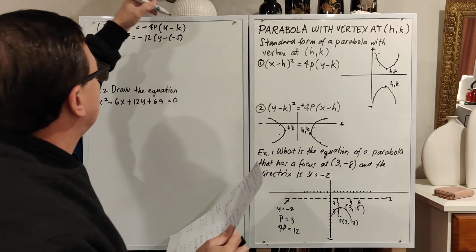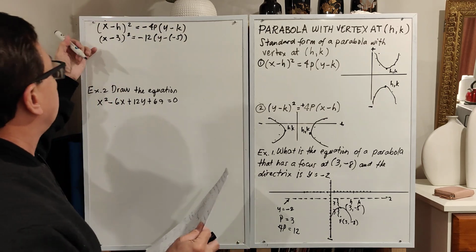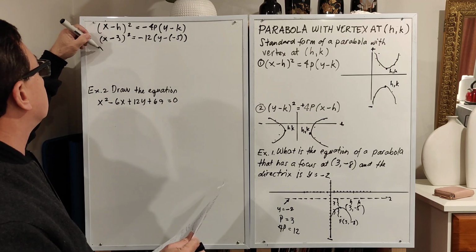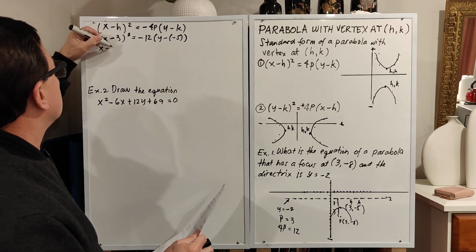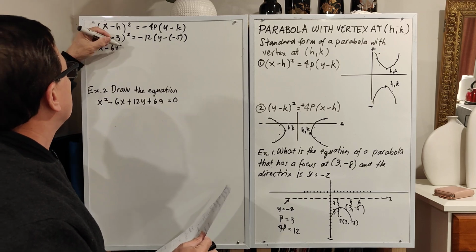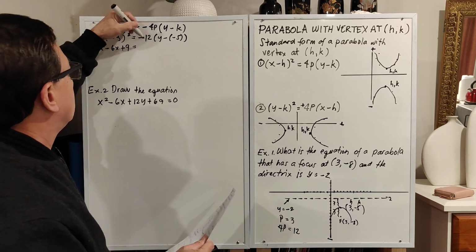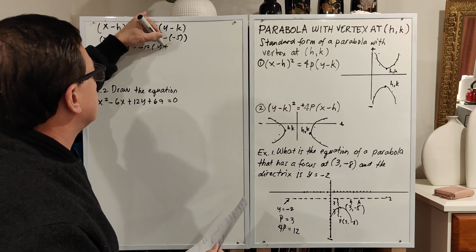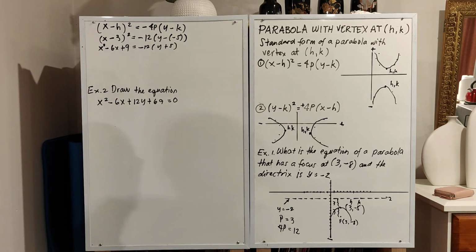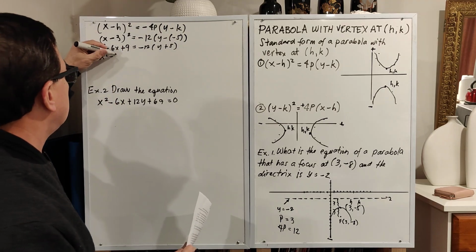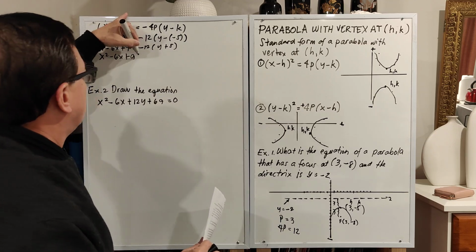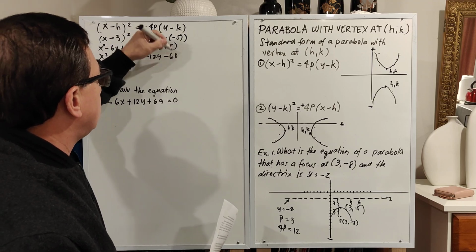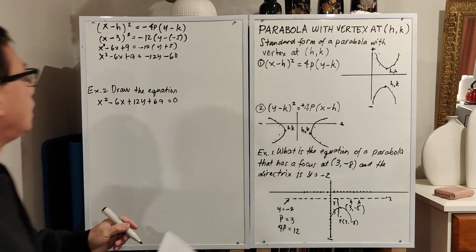Okay, so we now solve this one. x squared minus 6x plus 9. So this one becomes -12y plus 5, so just copy this one. This one is negative 12y minus 60 is equal to minus 60.